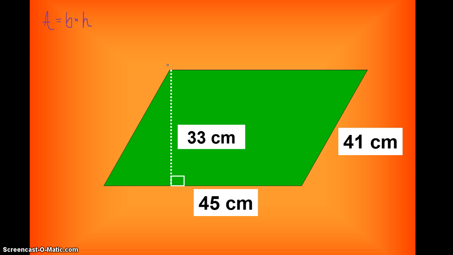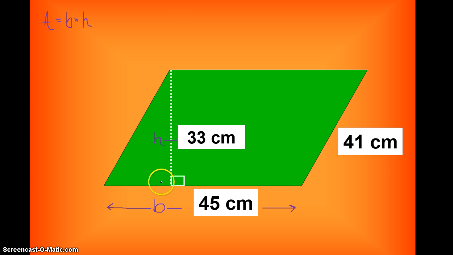On that formula sheet you really can't go wrong because they even tell you where to find the base. If you find the picture that looks like this, you'll see that this side is labeled B for your base, and a parallelogram is made up of two bases that run parallel to each other. And they even tell you where to find your height. Your height and your base will always form a perpendicular relationship to each other.